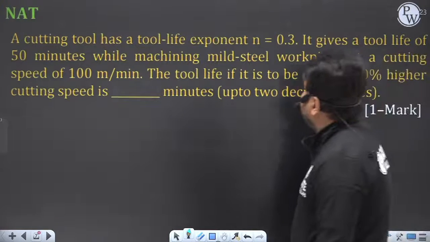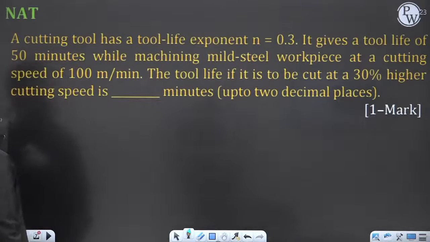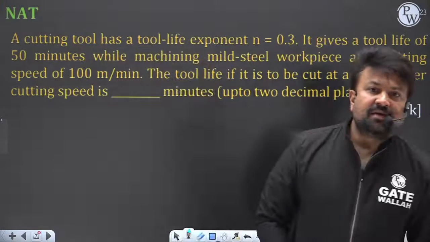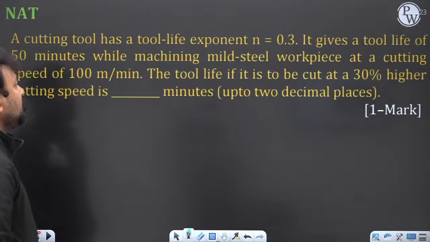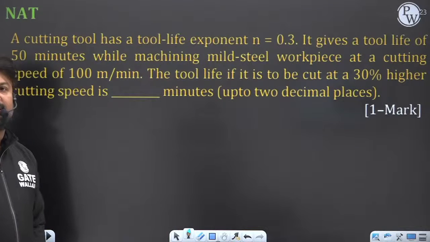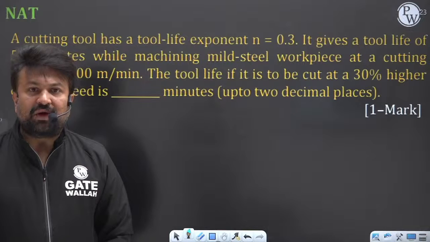The tool life, if it is to be cut at a 30% higher cutting speed, is. So tell me, what is the tool life?